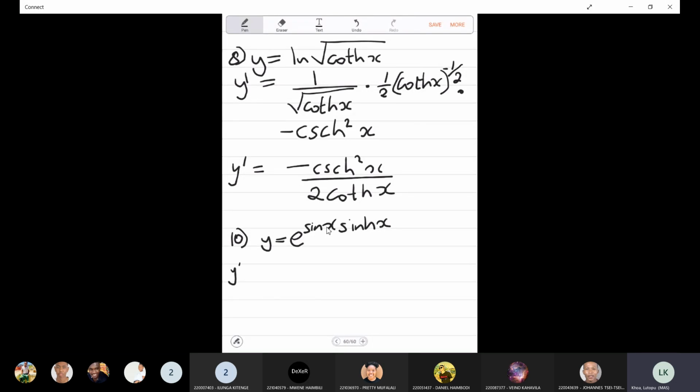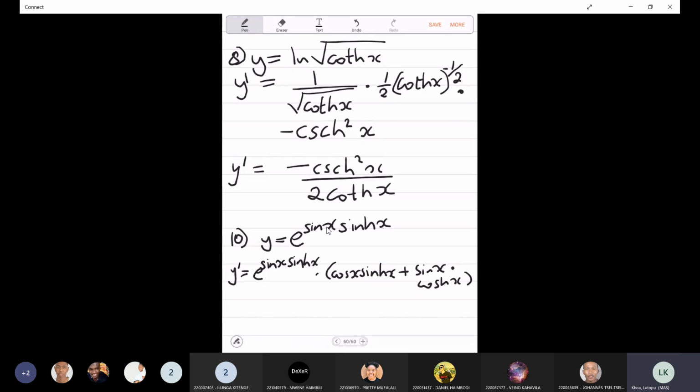So we have y prime. This is e to the power of sinh x, and then the product rule for the exponent, we have cos x, sinh x, and then sin x multiplied by the derivative of hyperbolic sine, which is cosh x.